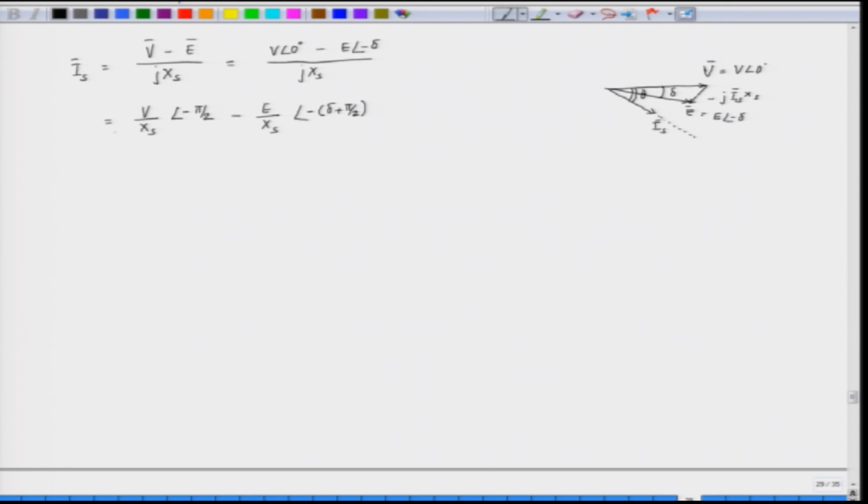Now, here we have a real part and we have an imaginary part. This equation is a complex equation. Our reference phasor is this.